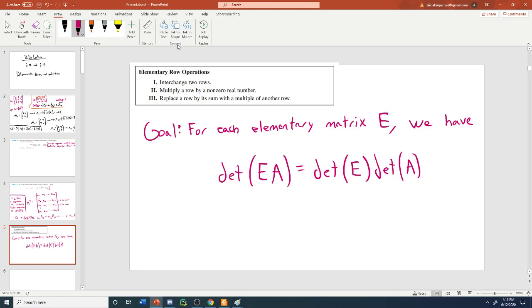And we will start by studying the case of simply interchanging two rows.